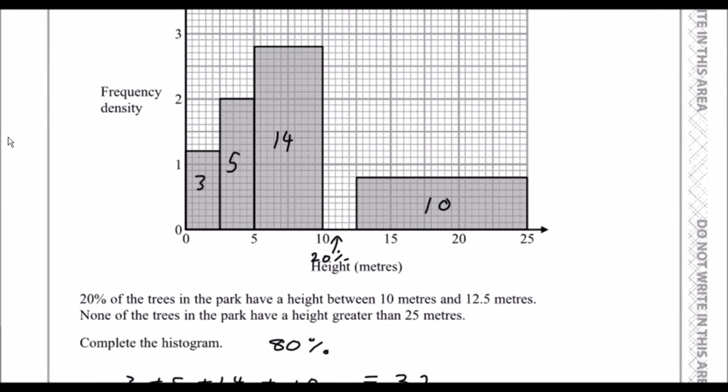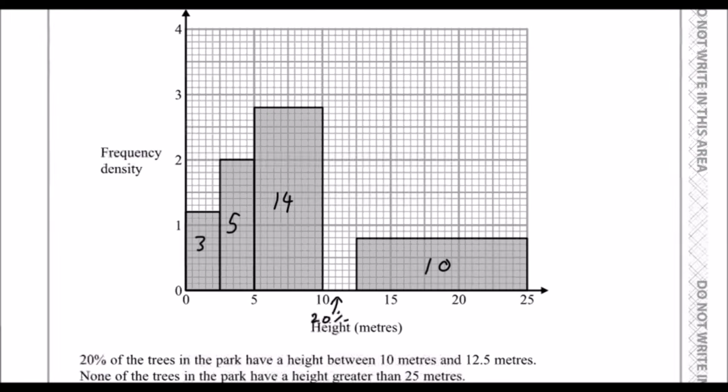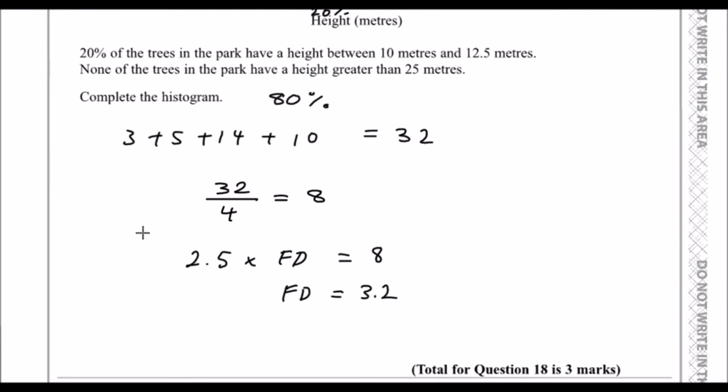So our bar that's missing has got a height of 3.2. And we have completed the histogram.